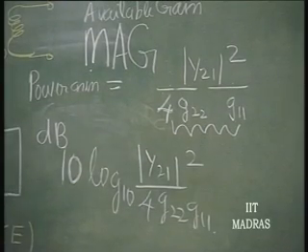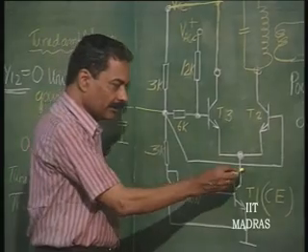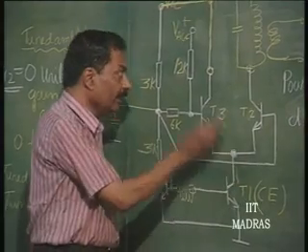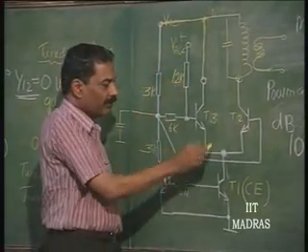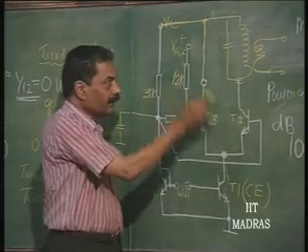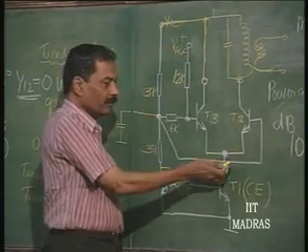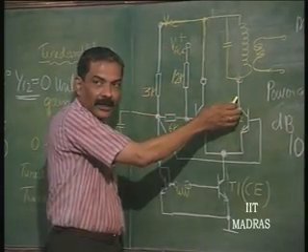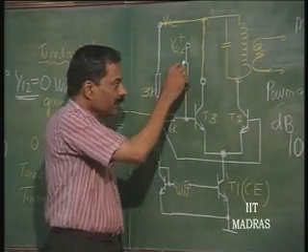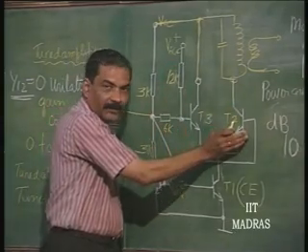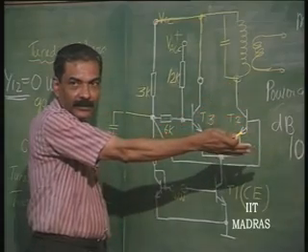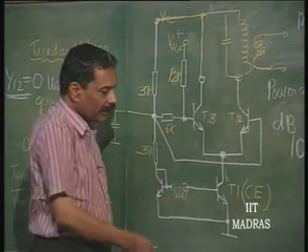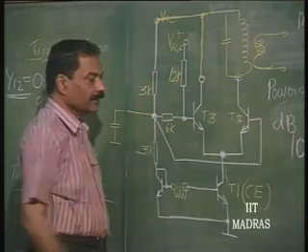And please note that in this arrangement, this current is going to be divided by VAGC. Okay. If VAGC is 0, it is divided equally. If VAGC is large positive, then most of the current goes here and nothing goes here, and the gain is 0. If VAGC is negative, most of the current can be diverted to T2, and therefore, the gain is going to be the highest as given by this. So, the gain can be controlled by VAGC.